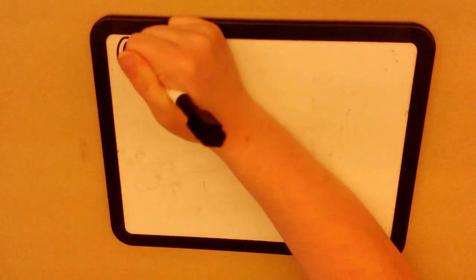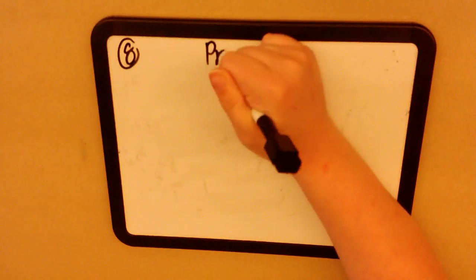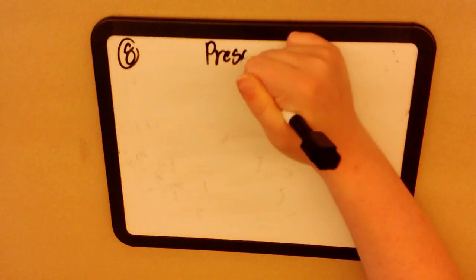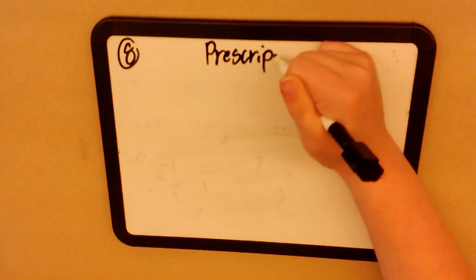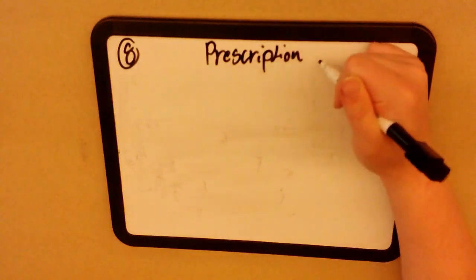Alrighty, now we're going to look at number 8. You have a prescription for IV ounces of syrup. How many ounces will you dispense?